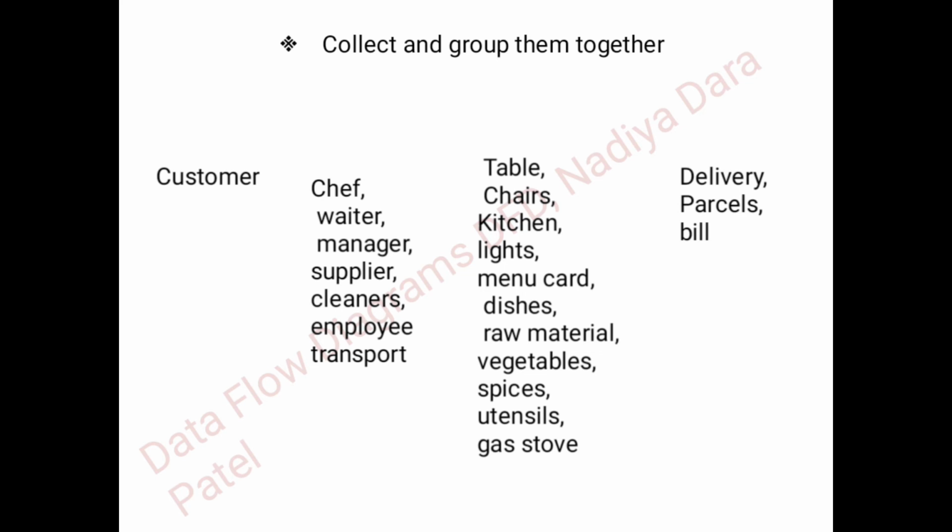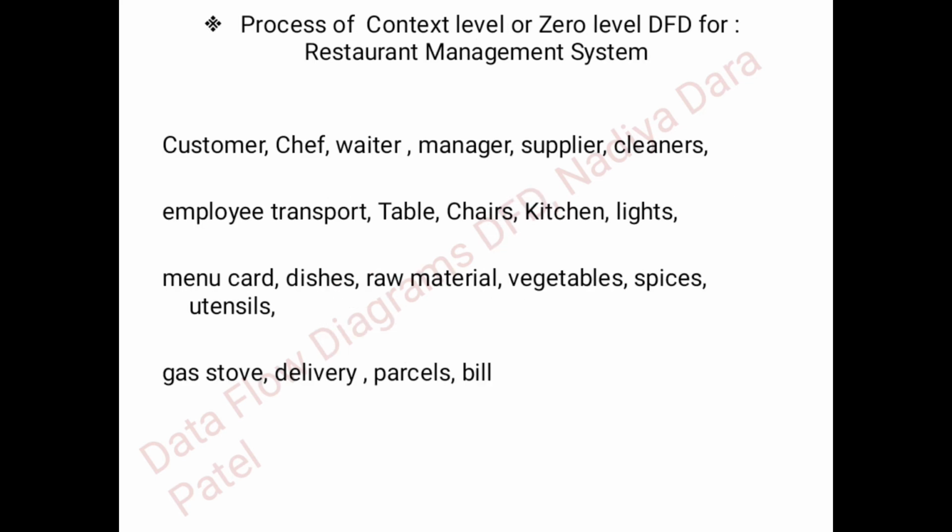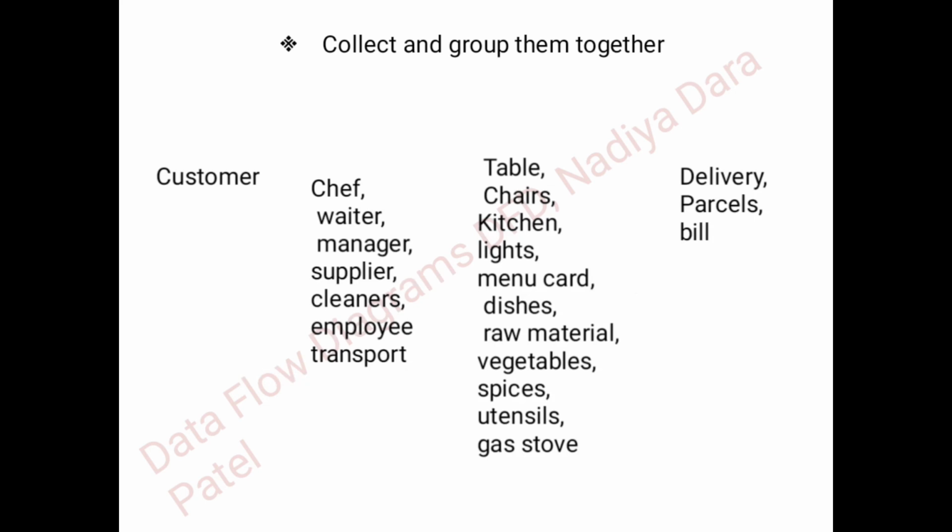Now step 3 is, step 1 was writing it down in a mixed format. Step 2 was collecting them together, and if it is still getting difficult to collect, now follow step 3 and group them. So I see customer, I see chef, waiter, manager, supplier, cleaners, employee.